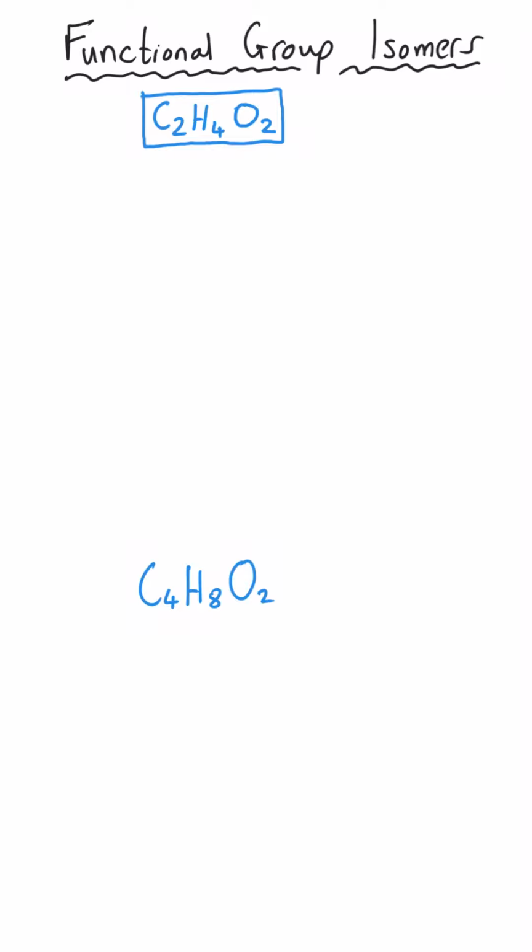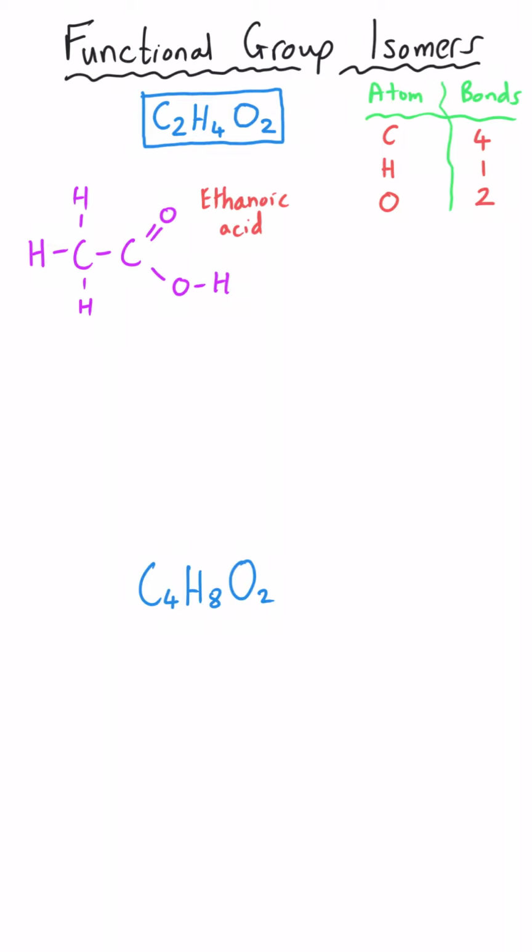There's one last type of isomerism, and that's called functional group isomers. To illustrate this, let's consider the formula C2H4O2. If I said, draw this molecule, and you have to obey the rules that carbon must always have 4 bonds, hydrogen only 1, oxygen 2, there are actually 2 different things that you could draw.